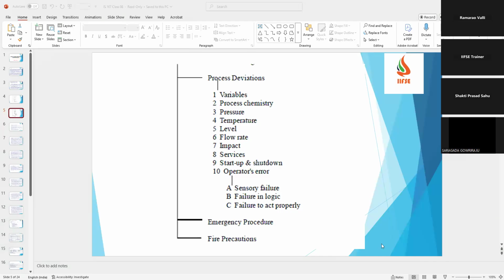Then there is a headcount, to check whether all the people who went to work are present or not. If any person is absent at the assembly point, then we send search and rescue to the working site.